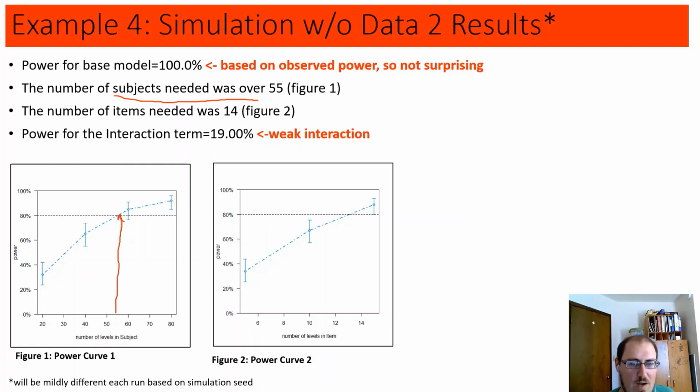While the number of items needed, if we extended by items, was 14. Because like you see 13 would be maybe just a little bit too low, so we'd probably want to go to 14. And we saw that we could also do interaction terms, and we found that the interaction was pretty weak, so we need a lot of samples to get up to the power needed.